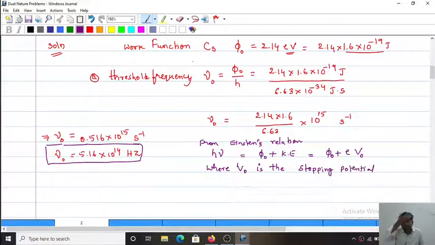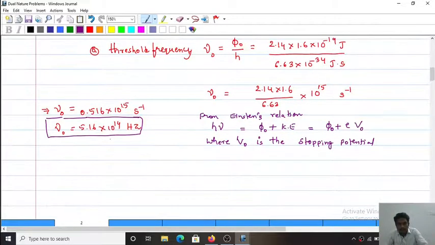Phi naught is already given to us, 2.14. Kinetic energy we can calculate with the help of the stopping potential. Nu is not asked; it is asked to find the wavelength of incident light, where nu is the frequency of incident light.